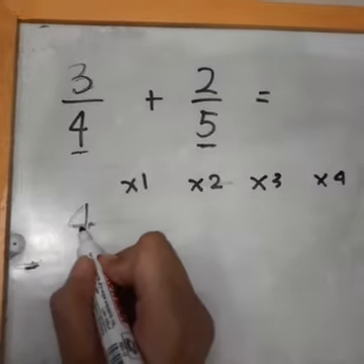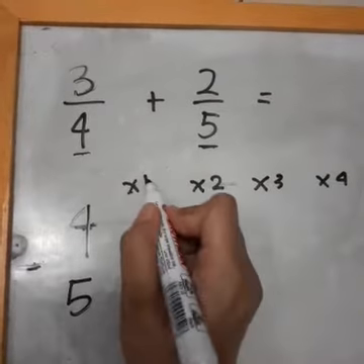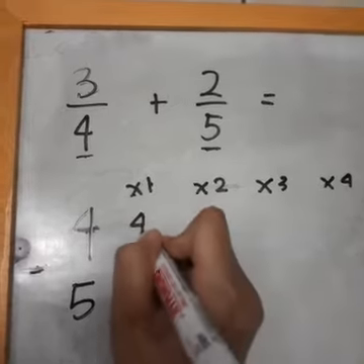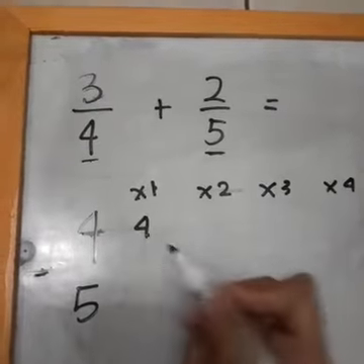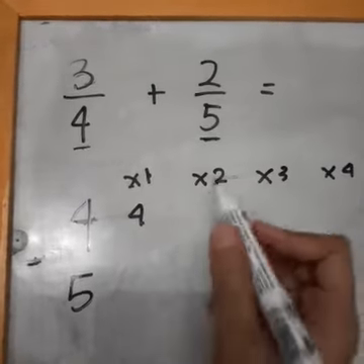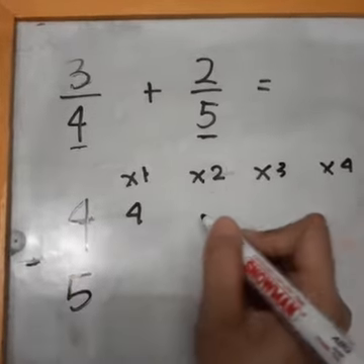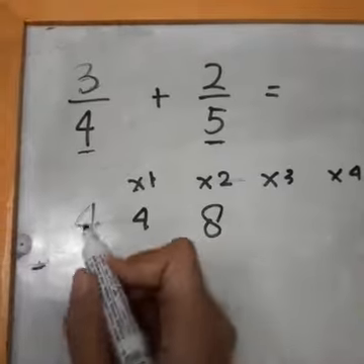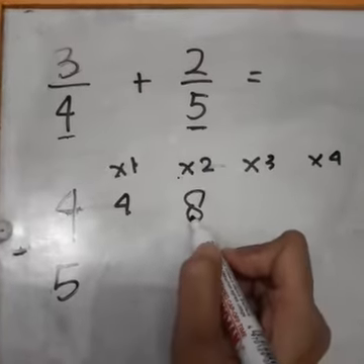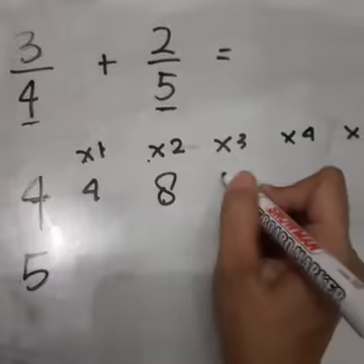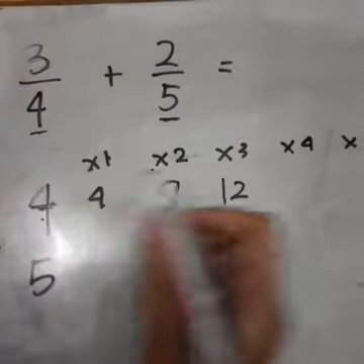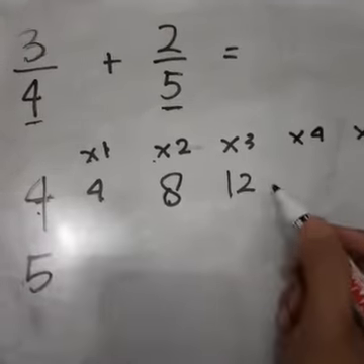So, 4 times 1 is 4, or the first multiple of 4 is 4. And the second multiple of 4 is 8. 4 times 2 is 8. The third multiple of 4 is 12. 4 times 3 is 12.